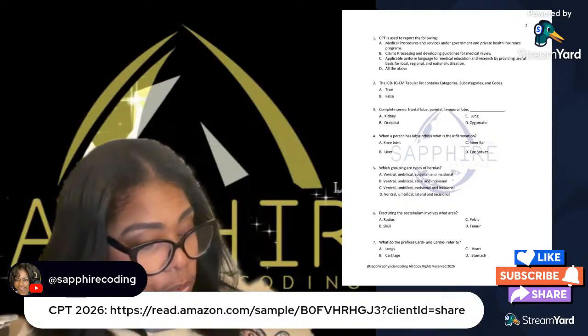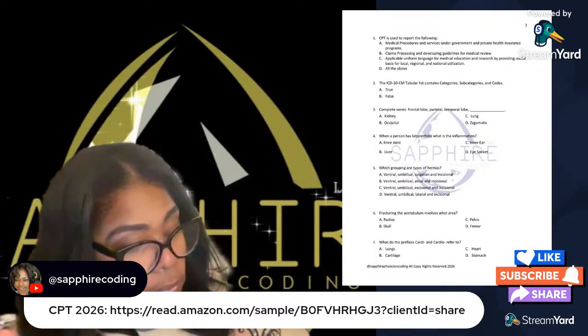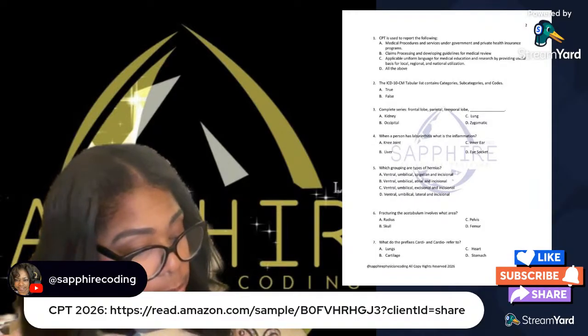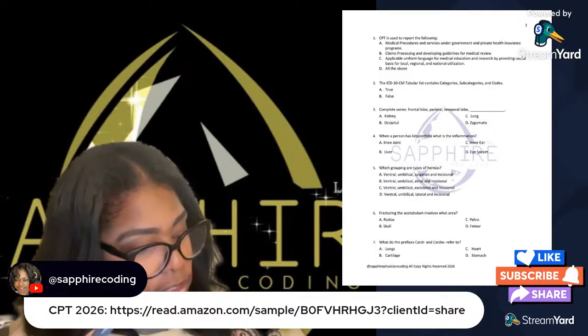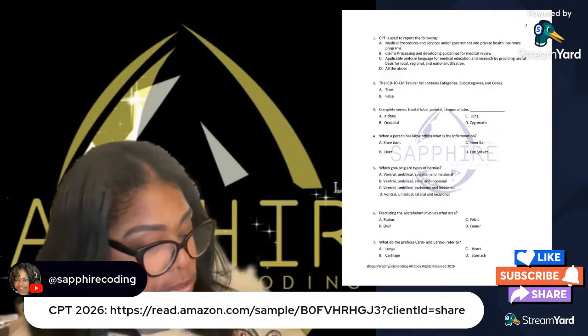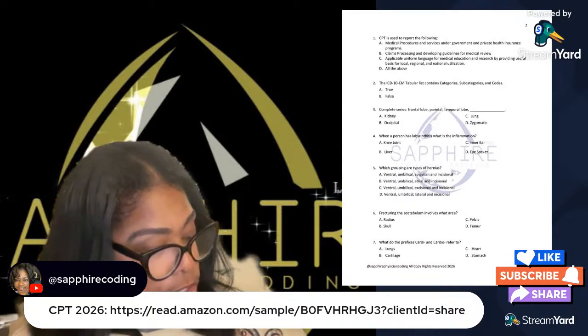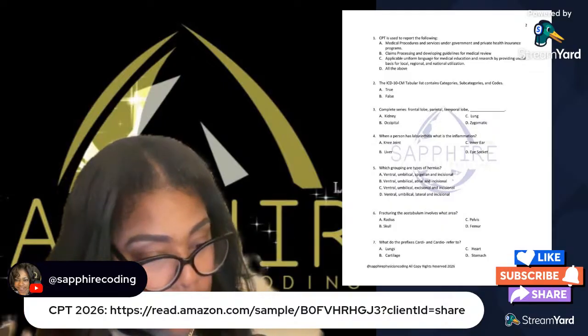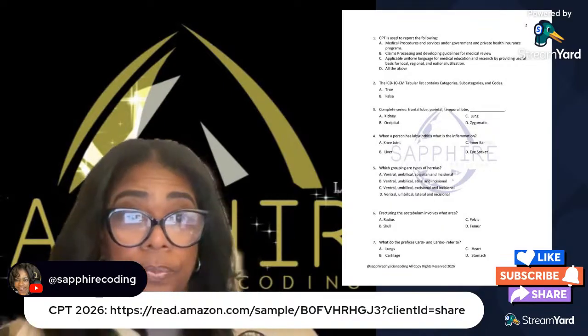Integumentary system, musculoskeletal system, respiratory system, cardiovascular, hemic and lymphatic system, mediastinum, diaphragm, digestive system, urinary system, male genital system, reproductive system, intersex surgery, female, maternity, endocrine, nervous, eye, ocular, auditory, and operating microscope.